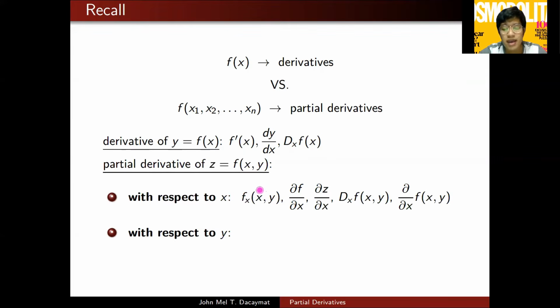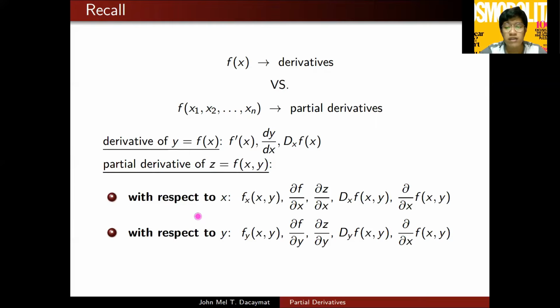So, pwedeng f sub x, pwedeng partial ni f over partial ni x, or partial ni z over partial ni x. And then you have d sub x, or partial over partial ni x nung function. Or, kung with respect to y, very similar lang, just replace x with y. So, you have f sub y, partial ni f over partial ni y, partial ni z over partial ni y, and so on. Okay, so those are the notations we're going to be using for partial derivative.